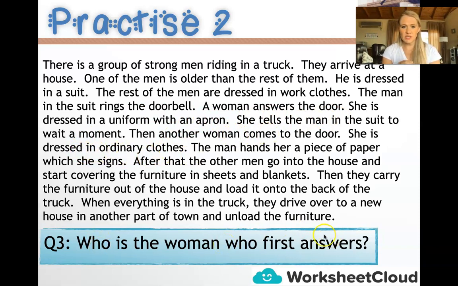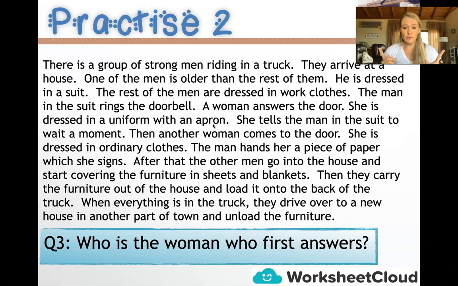So who's the woman who appears first? Let's look at the evidence. She's dressed in a uniform with an apron. Usually, ladies dressed in a uniform with an apron are the helpers in the home, and helpers sometimes do have a uniform with an apron.